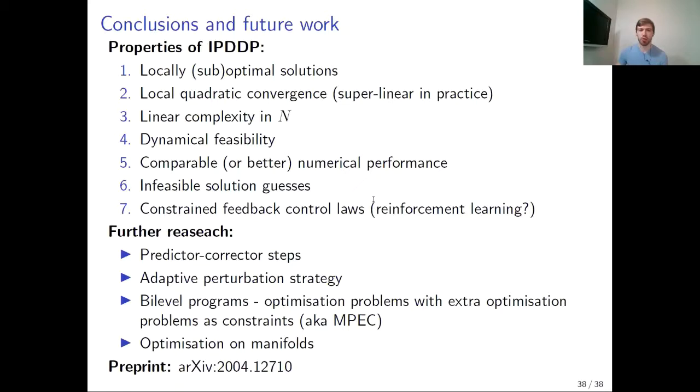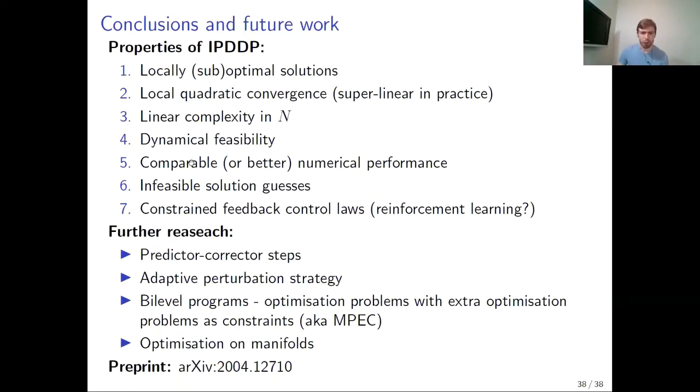Yeah, so finally, the conclusions. The properties of the proposed method: it allows to converge to locally suboptimal or locally optimal solutions by reducing the perturbation. It has local quadratic convergence, which is superlinear in practice because we have to perform regularization, line search, etc. It has linear complexity in n while maintaining the dynamical feasibility of all iterates, so it can safely terminate earlier.